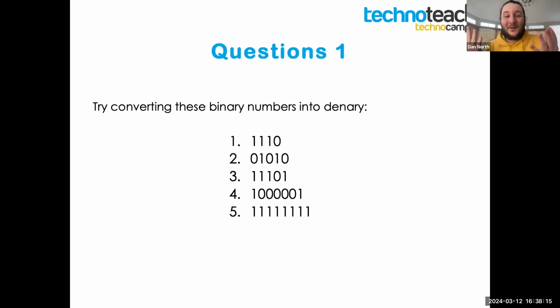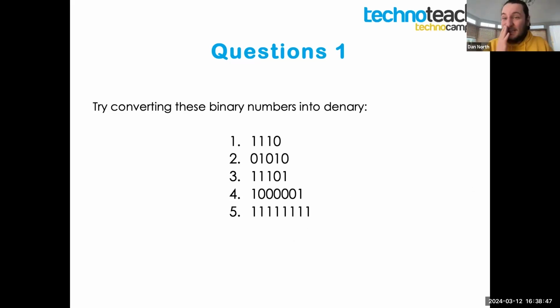Because it is. The reason we count in base 10 is because we have 10 fingers. We can go 1, 2, 3, 4, 5, 6, 7, 8, 9, 10. Makes it nice and easy as a counting system. If you have 8 fingers, you would only be able to count in octal. You would count up to 8, and then you'd have to start again. You'd be on the eights column. So you then count up to 64 in the eights column.